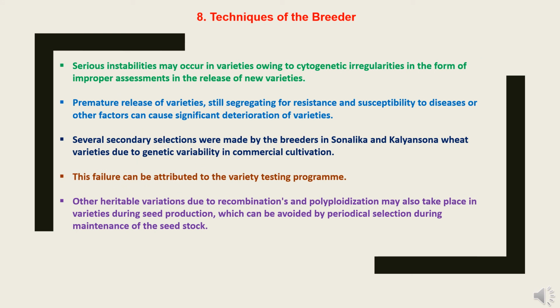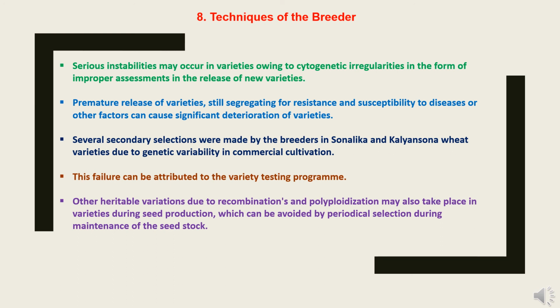Another factor responsible for deterioration of varietal genetic purity is techniques of the breeder. Serious instabilities may occur in varieties owing to cytogenetic irregularities in the form of improper assessment in the release of new varieties. Premature release of varieties, still segregating for resistance and susceptibility to diseases or other factors, can cause significant deterioration of varieties.